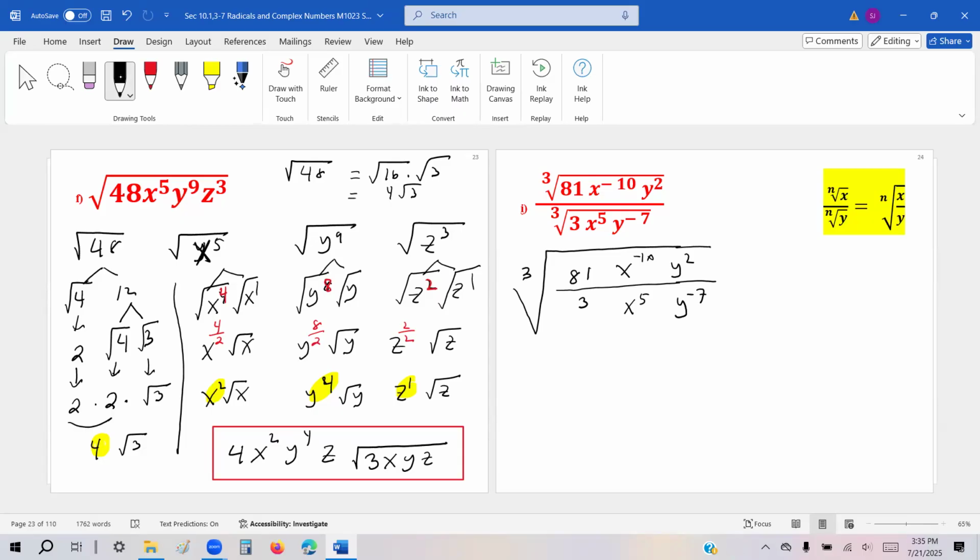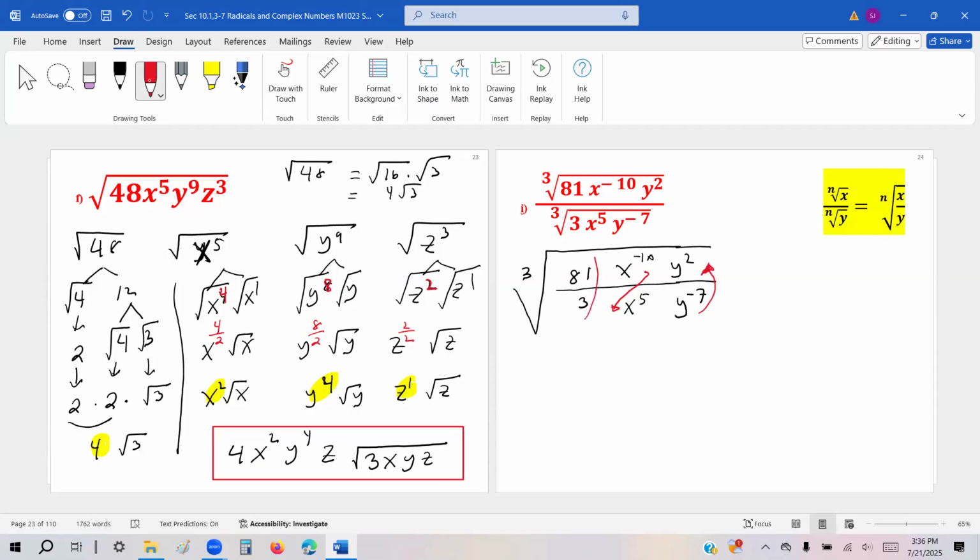Don't do anything until you change all the negative signs into positive signs for the power. So bring this 10 to the denominator. Bring this y to the numerator because they have negative power. So don't work with negative power. First convert them into positive power and then simplify.